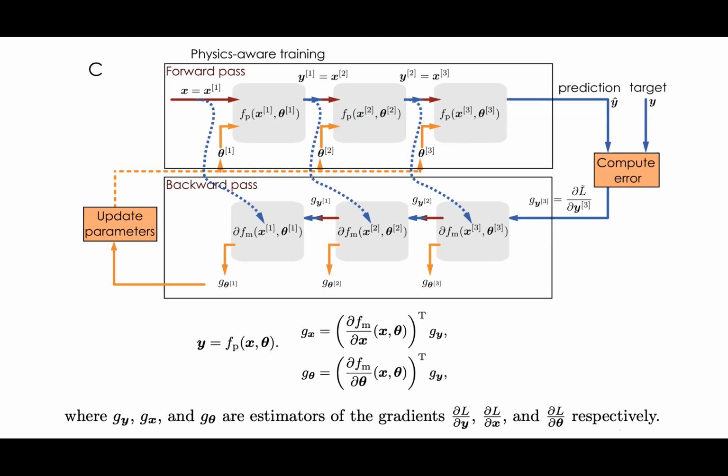I thought like dL over dy we can have exactly. If this is one layer stuff, then this is okay, this is analytical. If y is f_p of x, theta, then this one can be calculated analytically, but this one you cannot because you don't know partial f_p partial x, right? Yes.